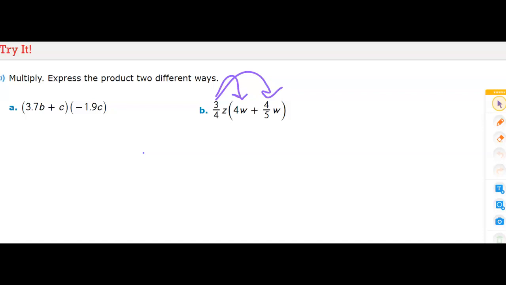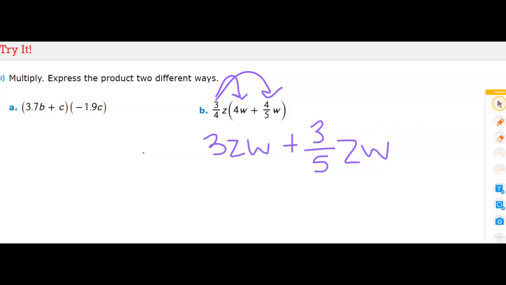And that would be 3 times Z times W plus 3/4 times 4/5 would be 3/5 times Z W. We can leave it this way.